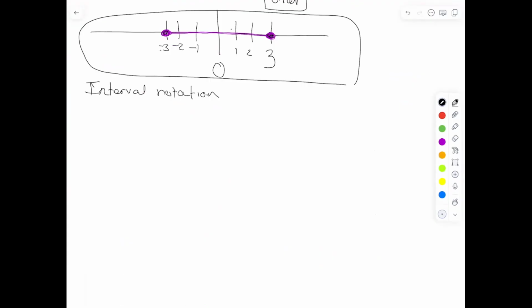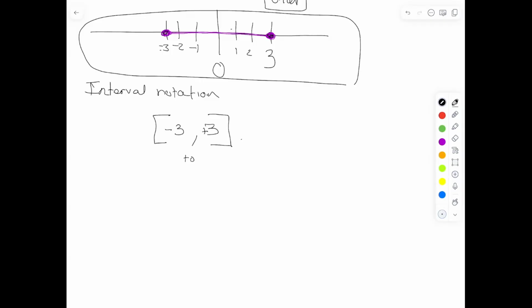You start with a bracket. There you go. So I'm going to start with a bracket here, -3, comma, which is 2. Where does it stop? +3. And that +3, is it going to have a bracket or a parentheses? It's closed, so that's a bracket. Right. If it had a parenthesis, if it had an open circle, then it would be different.